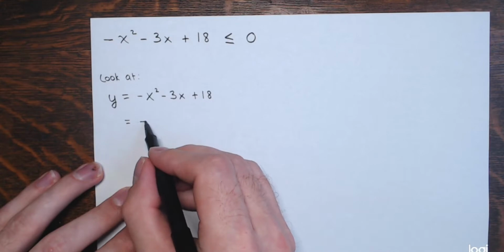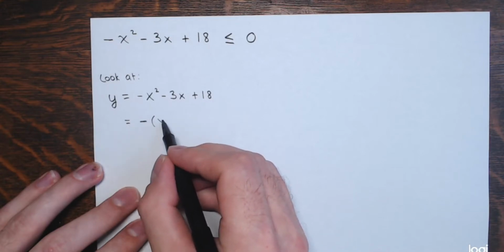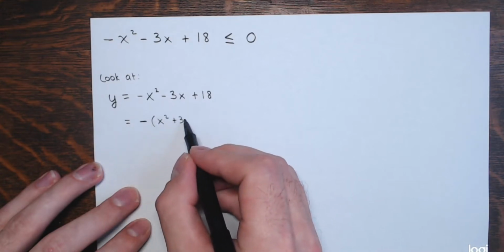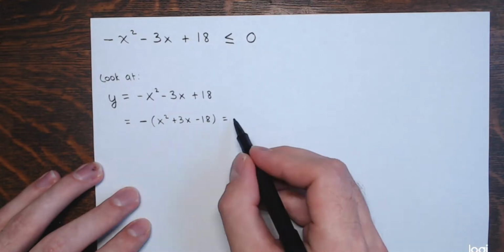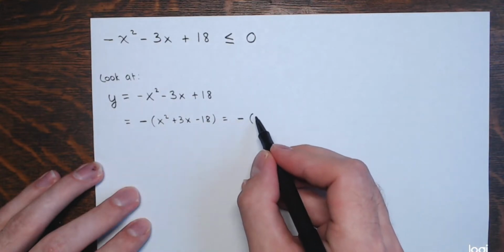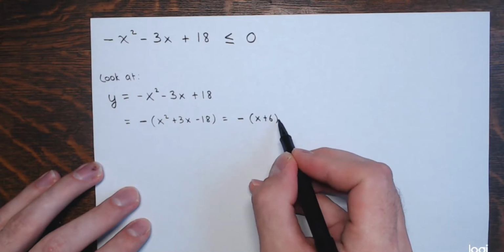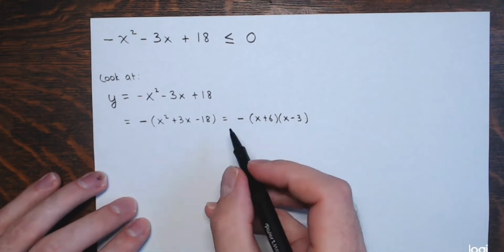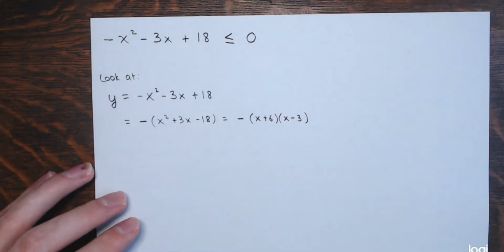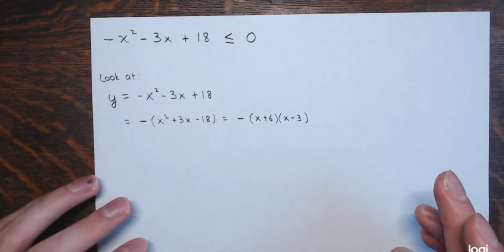If I pull out a negative 1, you'd have x squared plus 3x minus 18 as the other factor, and then you could factor that also to x plus 6 times x minus 3. So if it's already factorable, that's going to be real easy to find the x-intercepts, right?